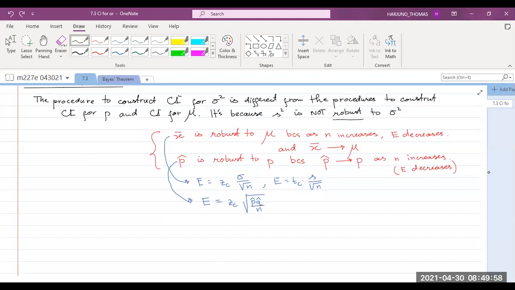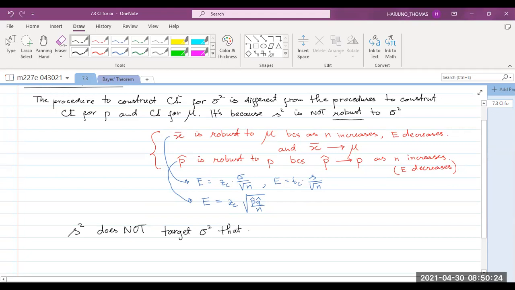With sample variance, it does not target population variance that well.